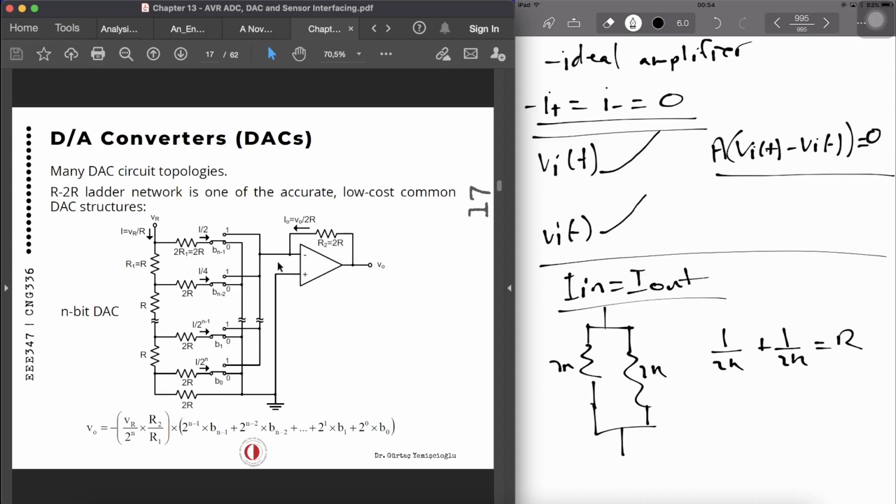That means the current here has not changed, and therefore the overall current has not changed. So this is actually the advantage of virtual ground, because we are going from real ground to virtual ground that comes from the negative feedback of the amplifier, and the current does not change.